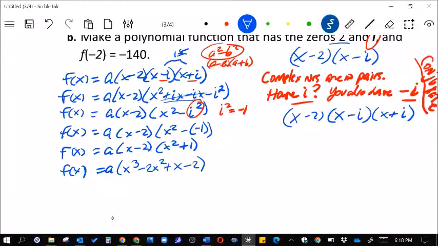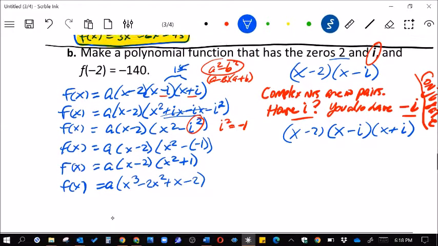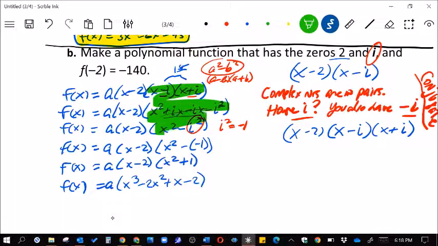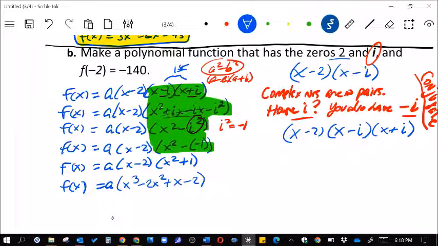Okay, now that I've got this, because of the fact that I had to do out this part, all of this, which I didn't have to do in the above example, but by doing that, now I have something I can work with where I can now use this, that the function at negative 2 is negative 140.